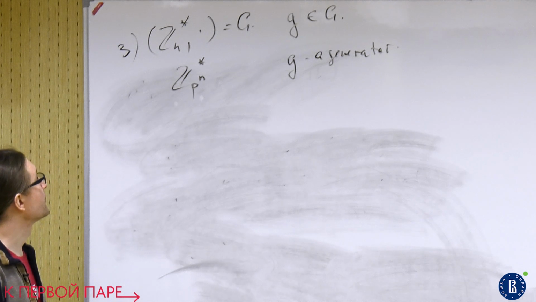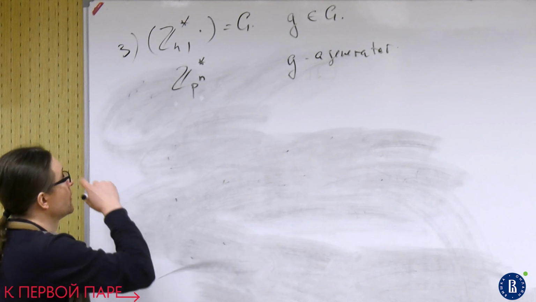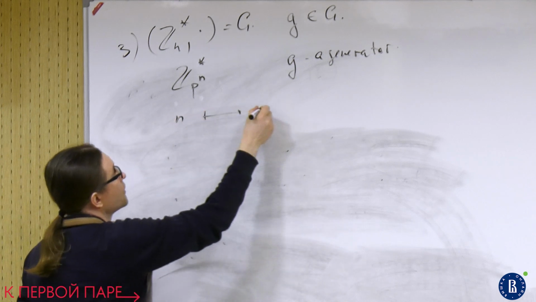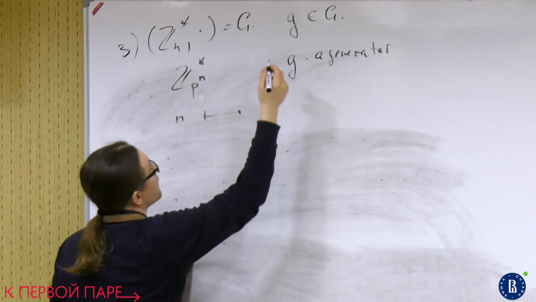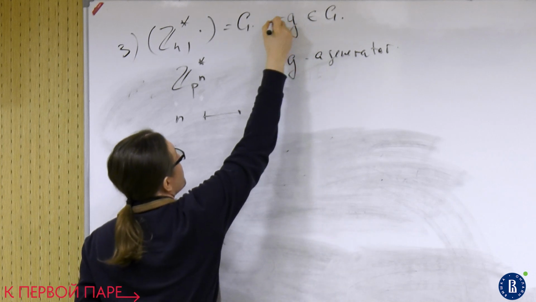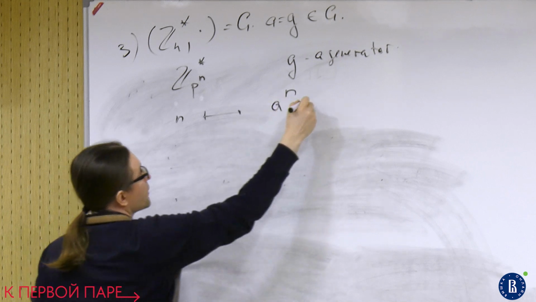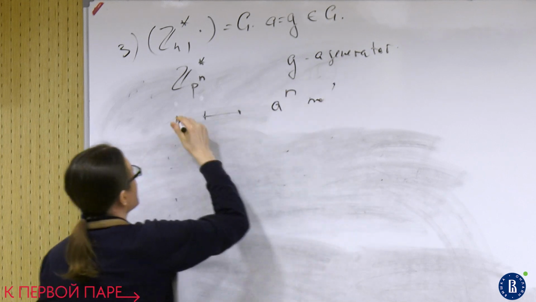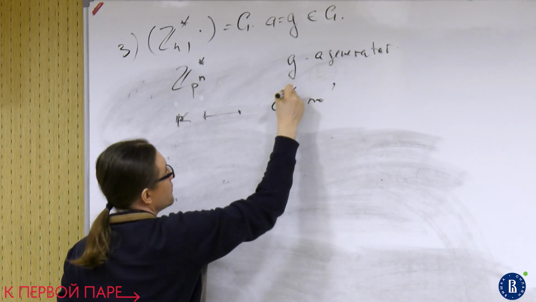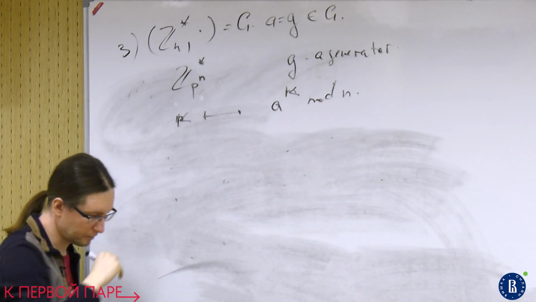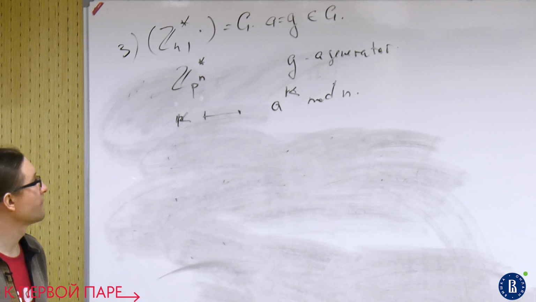Now, in this case, in order to raise g to a power, we should compute, let's denote it by a, like a remainder, a to the k modulo n.